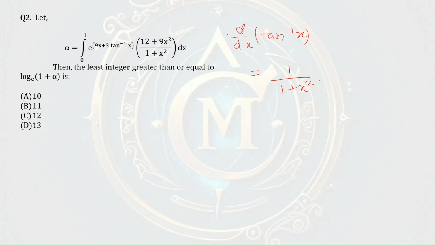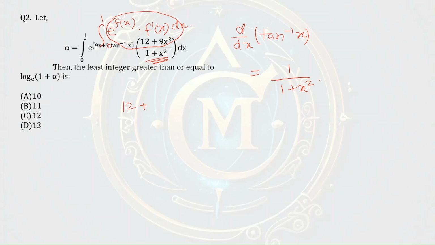So somehow, if we can express this term as derivative of this term, then we can easily integrate this whole function, as that will be of the form e to the power f(x) times f dash of x dx, and integral. So this integral we can easily evaluate. So let us proceed with this term first.